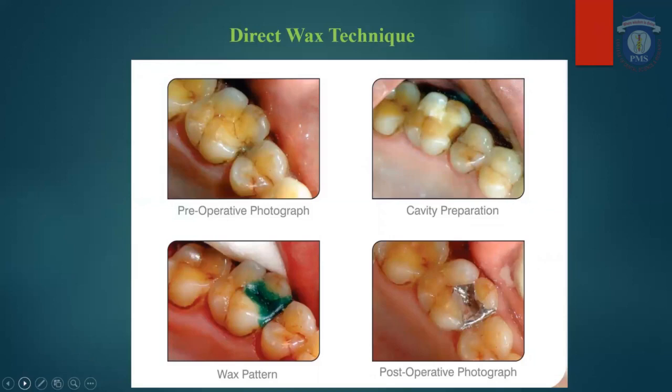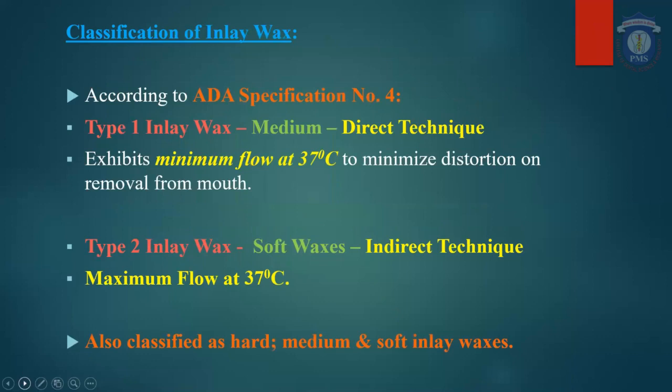Therefore it should be able to withstand that higher temperature, and the flow should also be less when compared to those waxes mainly used in indirect technique. That is why type 1 inlay wax is medium. Direct technique wax exhibits a minimum flow at 37 degrees Celsius to minimize the distortion on removal from the mouth.